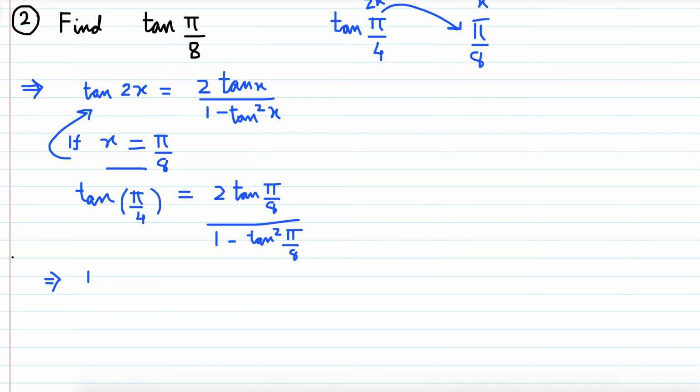We don't have much space here, so in next step you can write 1, left hand side will be 1 because tan pi by 4 is equal to 2 tan pi by 8, there is no change to right hand side, 1 minus tan square pi by 8.